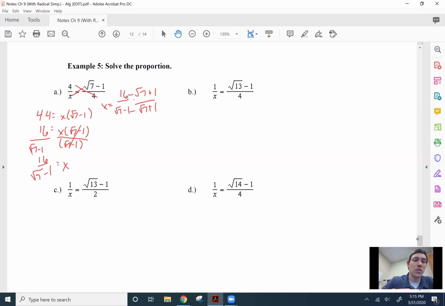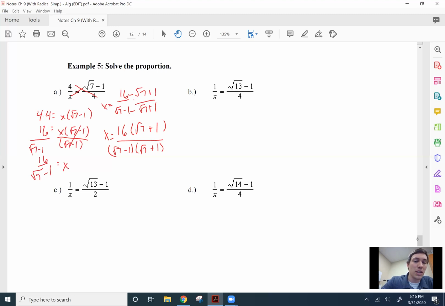So remember when we do this, you multiply straight across. So I get x equals 16 times radical 7 plus 1, all over radical 7 minus 1 times radical 7 plus 1. Now here's where we need to distribute up top, and we're going to FOIL on the bottom.